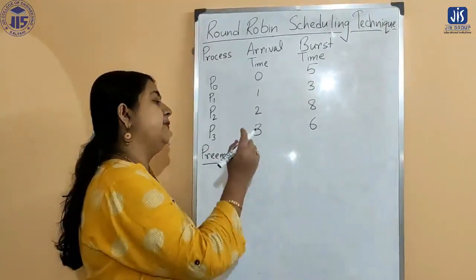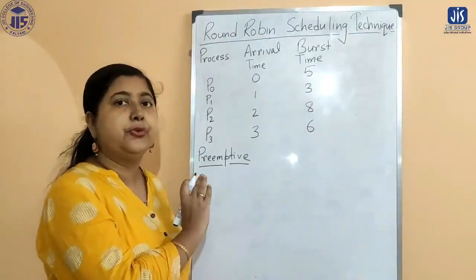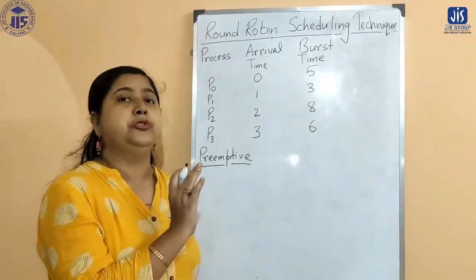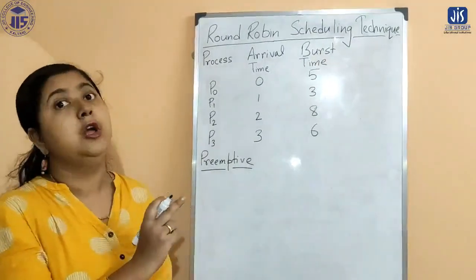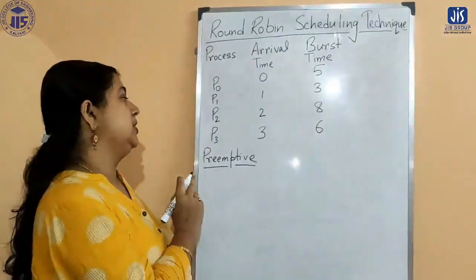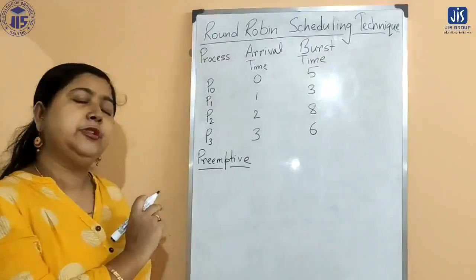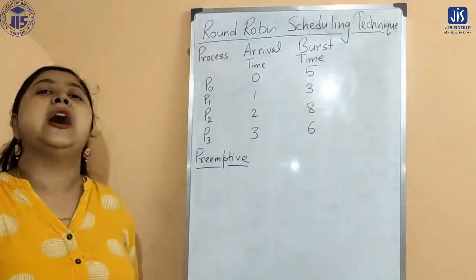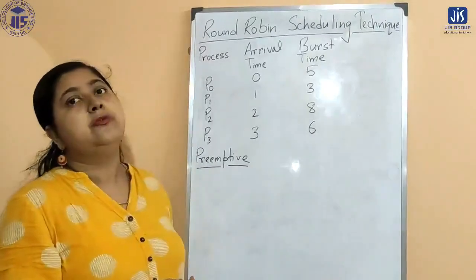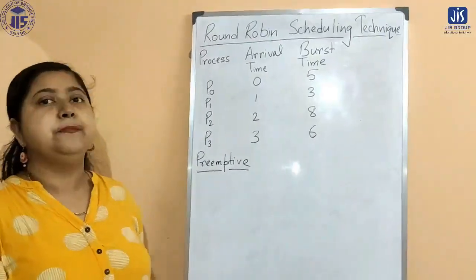That means for this algorithm there is no non-preemptive approach. For this reason I am saying that this is very efficient for multitasking, because according to this algorithm, each process is going to avail the processor for a prescribed time period.